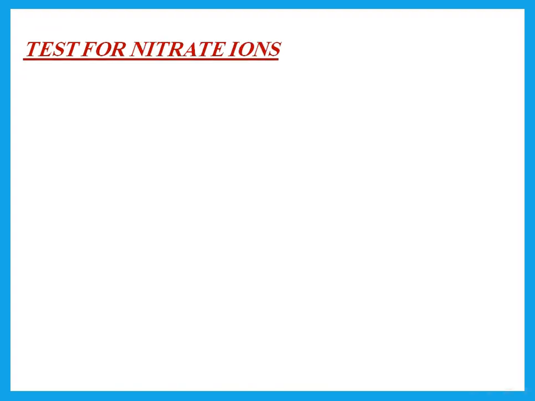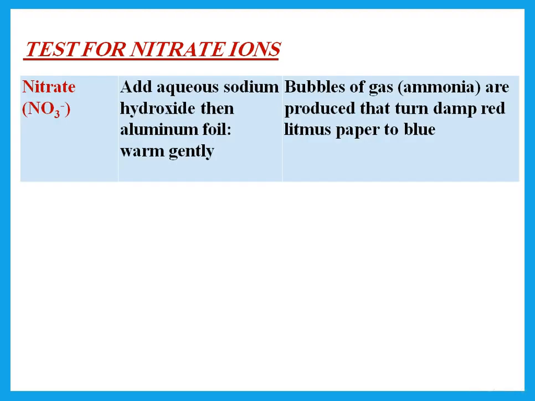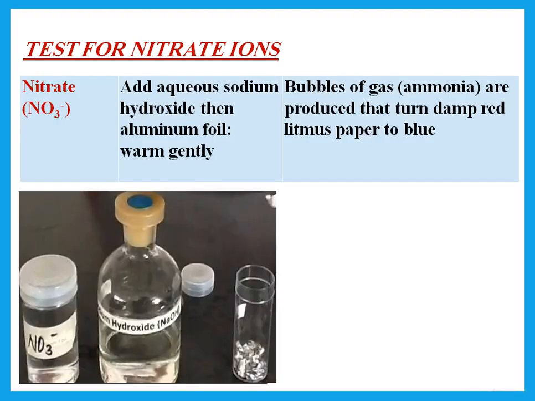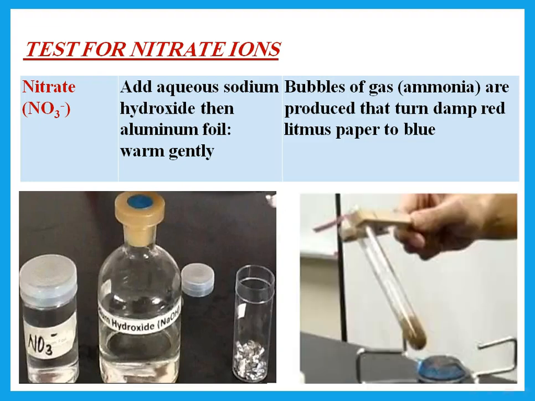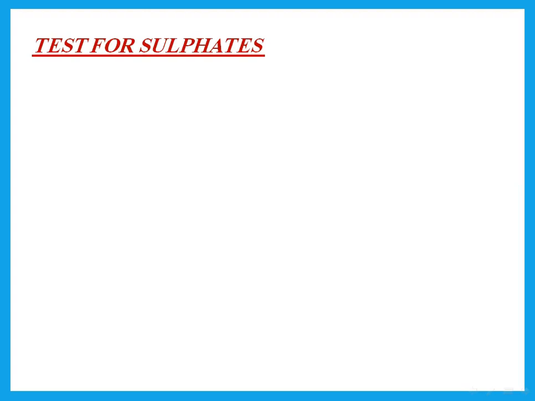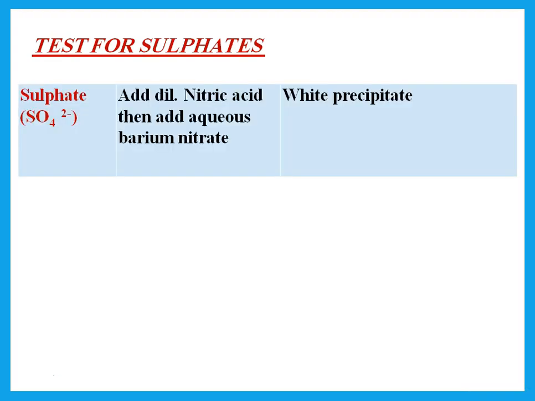Test for nitrate. What was the test for nitrate? Well, add aqueous sodium hydroxide, then aluminium foil, warm gently. Nitrates should give ammonia gas, so I will get bubbles of gas that turn damp red litmus paper to blue. Are we following? Test for sulfates. What was the test for sulfates?